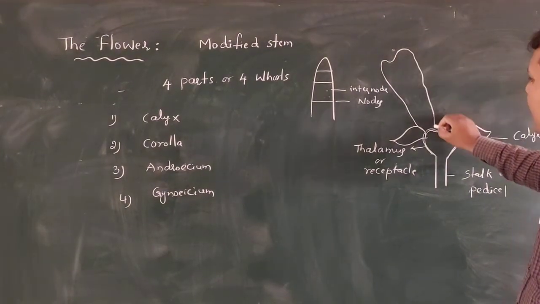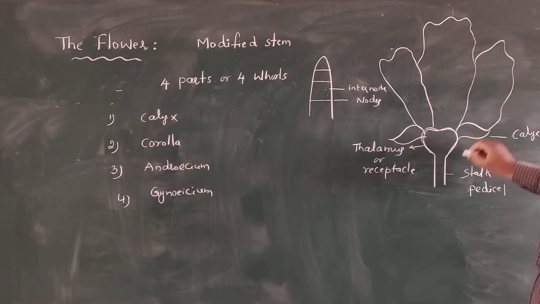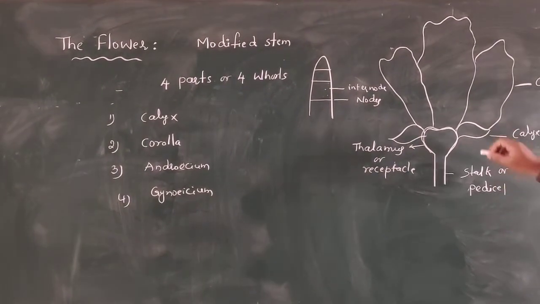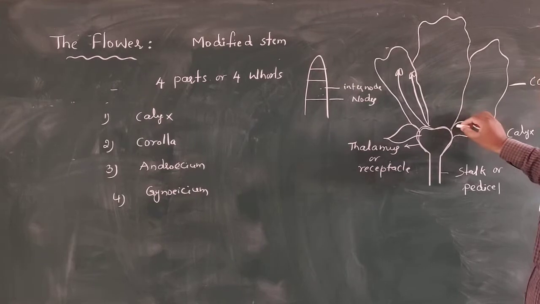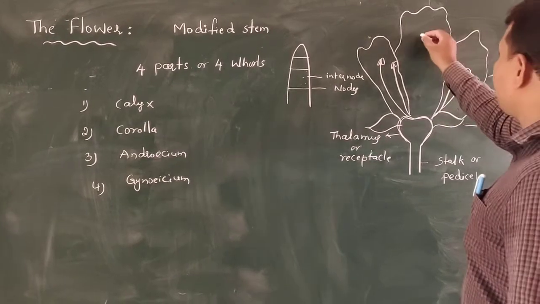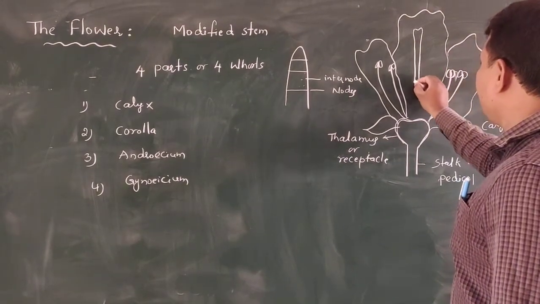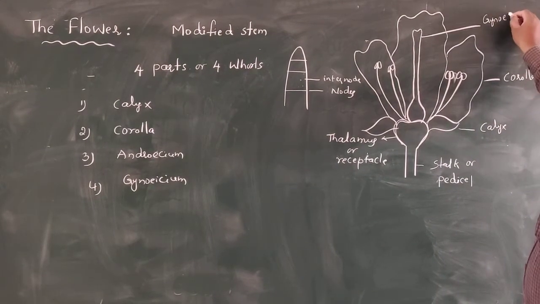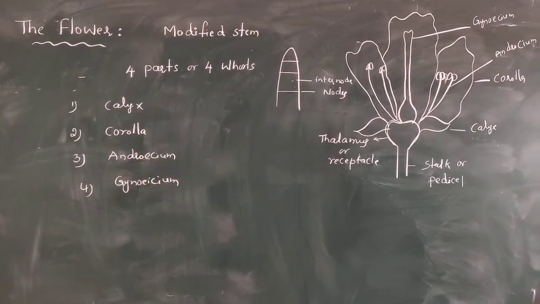And we see the androecium, which are the male reproductive part, and in the center we see the female reproductive part, which we call the gynoecium.